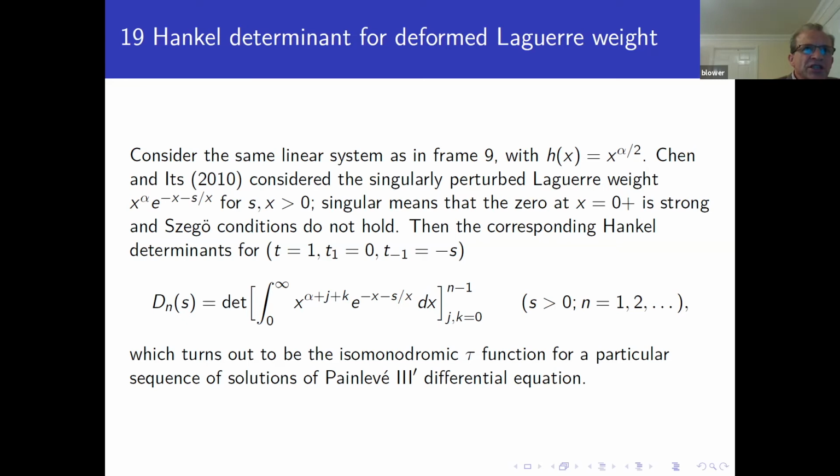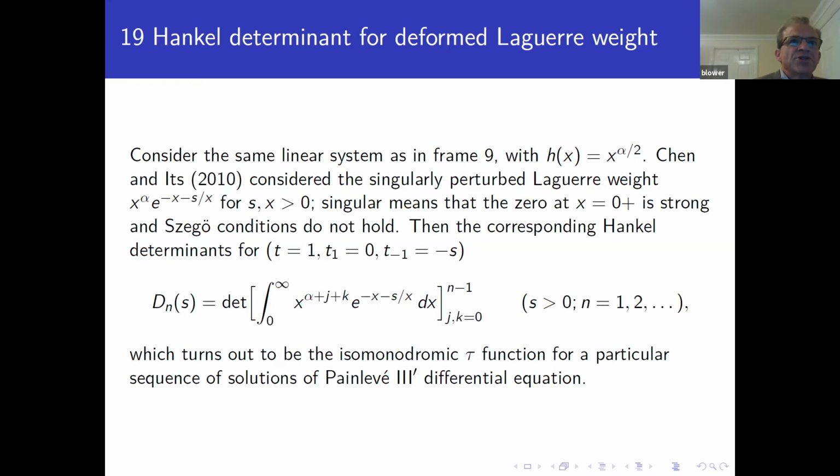Now it's known as a singularly perturbed weight because this weight goes to 0 so fast that the classical Szegő conditions of orthogonal polynomial theory do not hold for such weights. So one of the reasons why Chen and Its were interested in this was to consider Hankel determinants in contexts that are violating the conditions of the strong Szegő theorem.